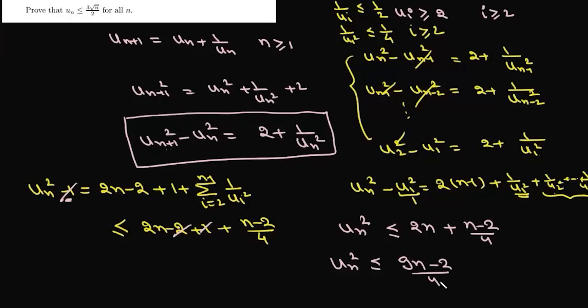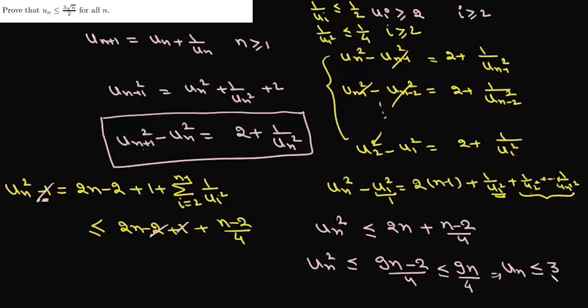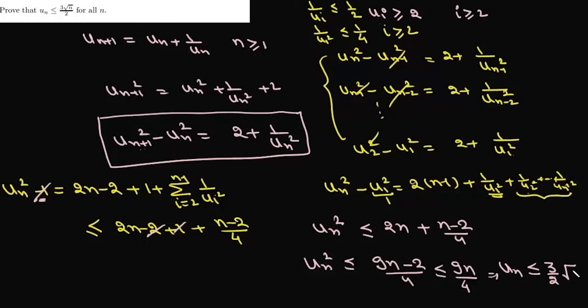Now this 9n minus 2 by 4 will be less than 9n by 4. If we take square root both sides, we can write this un will be less than 3 by 2 under root n, which is what we need to prove in this question.